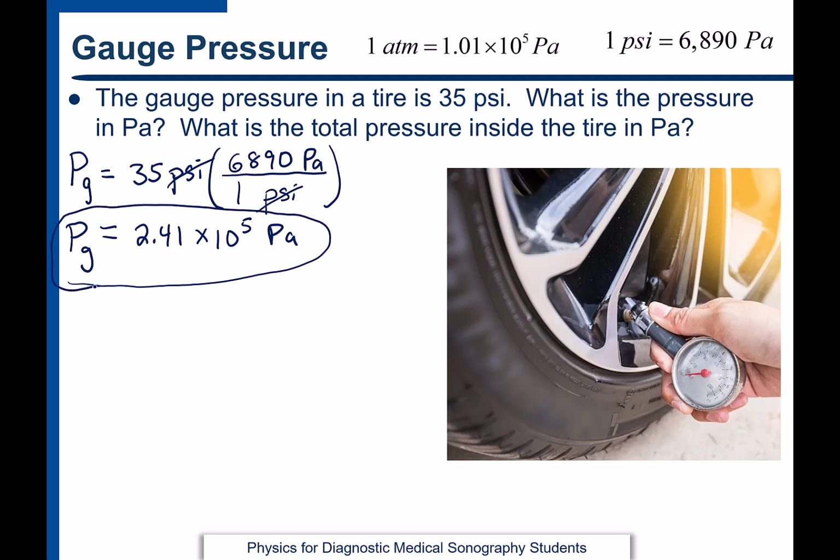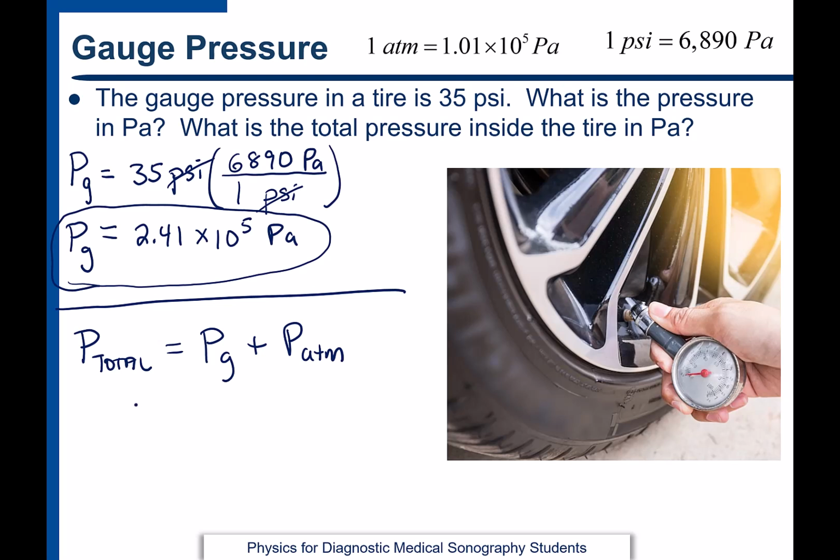But that's just the difference in pressure between outside the tire and inside the tire. That's not the total pressure, because the total pressure is the gauge pressure plus the atmospheric pressure. And again, we'll assume we're at sea level.